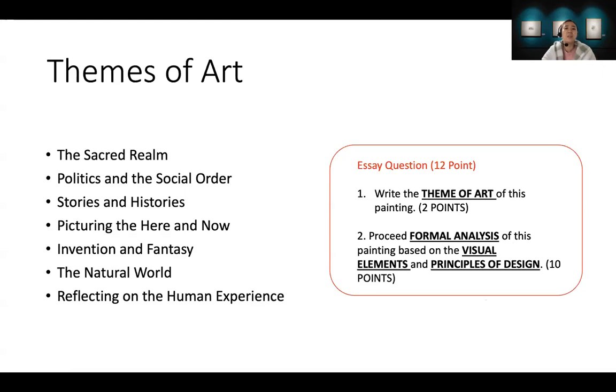For formal analysis, you don't need to know the artist's name, the artwork's title, the creation date, or the context. You will just find all kinds of factors of the work based on the visual elements and the principles of design. That's all.